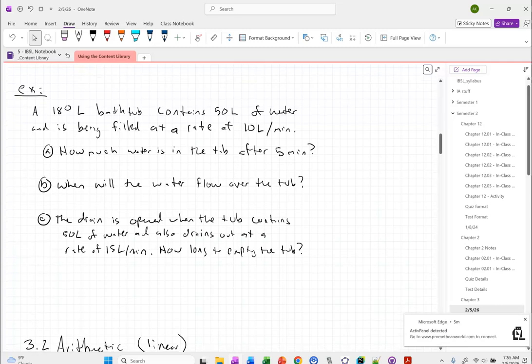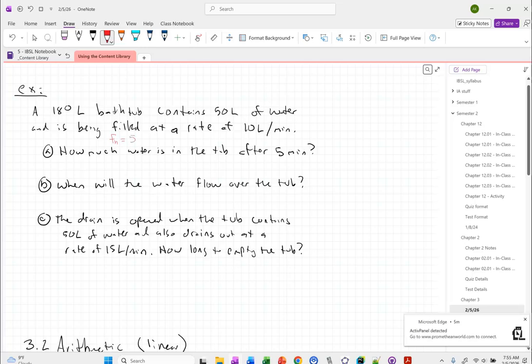We can also use a sequence to model a situation, like with a story problem. So this example says a 180 liter bathtub contains 50 liters of water and is being filled at a rate of 10 liters per minute. How much water is in the tub after 5 minutes? I might think about this as a sequence where n is the number of minutes.